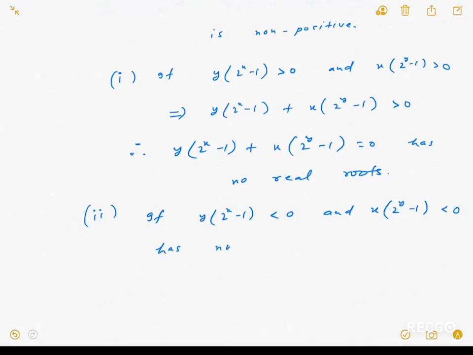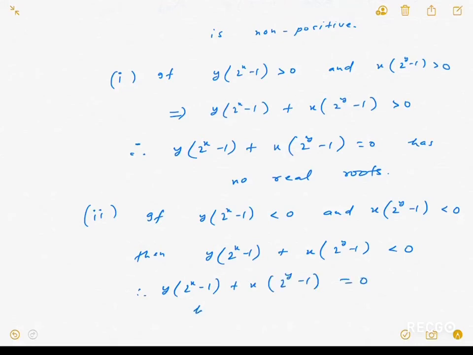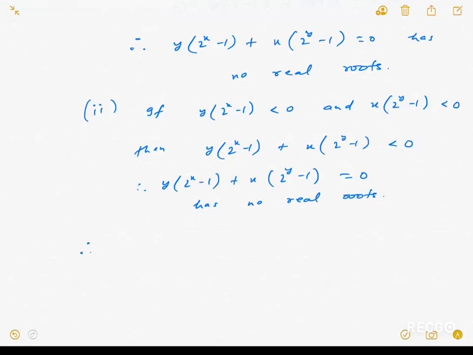Now it should be clear to all of you that our equation, let me rewrite it, their sum, y into 2 to the power x minus 1 plus x into 2 to the power y minus 1, is negative, and therefore our equation again has no real roots, right? Because in this case I'm taking both of them as negative, so their sum is negative, therefore there is no chance of their sum being equal to 0, so the equation has no real roots.